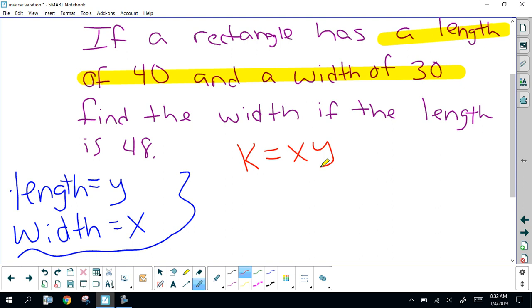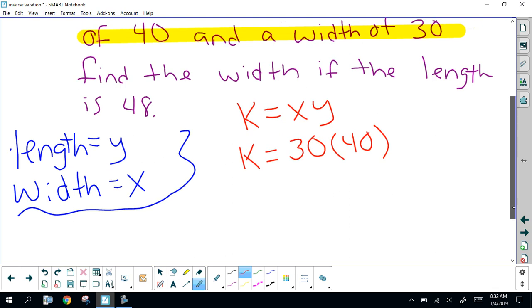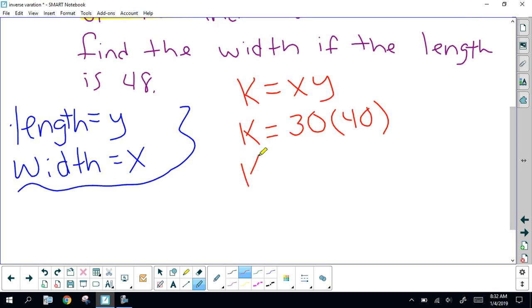X is width, and that is 30. Y is length, which is 40. So k is going to equal 30 times 40. 30 times 40 is 1,200. Okay? So that is my k.